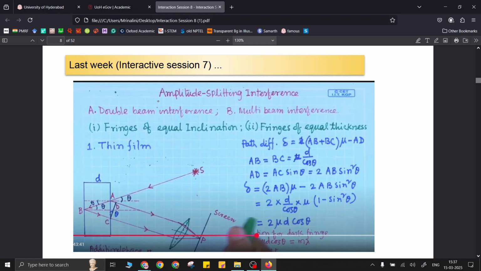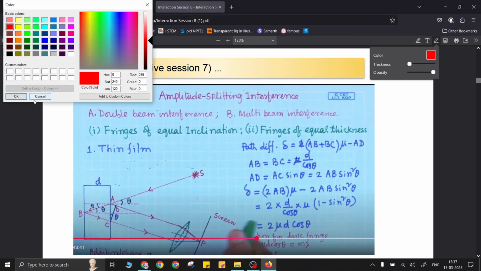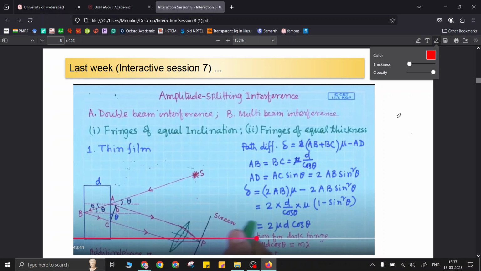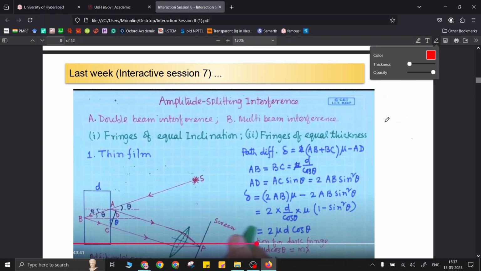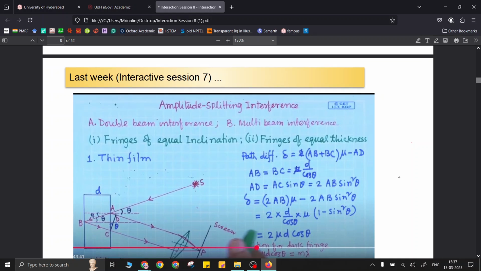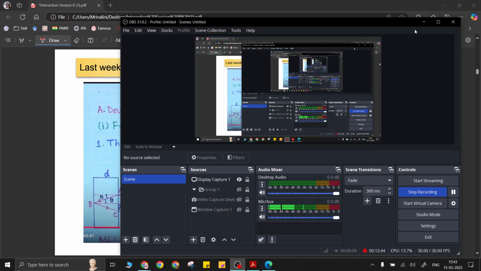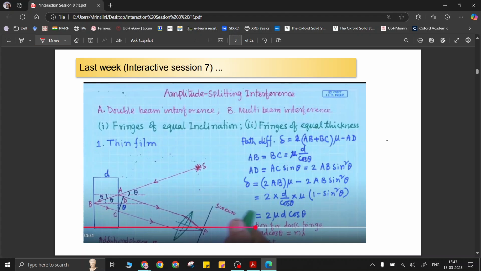Yeah, so we were discussing this. In this right angle triangle A, B, and some point O, cos theta will be base by hypotenuse.